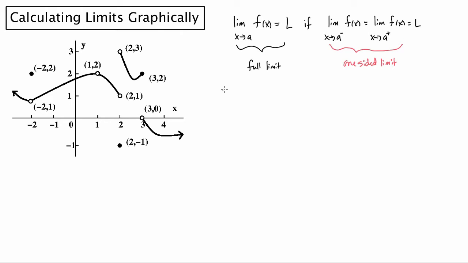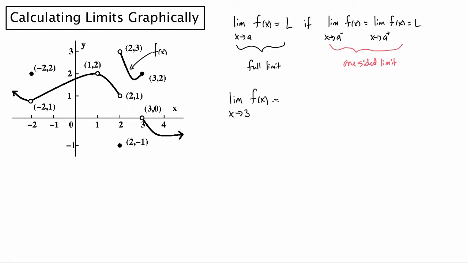So let's just go ahead and start with the limit as x goes to 3. This is the graph of the function f of x, so the graph in black here. This is f of x. And I want to look at the limit as x goes to 3.